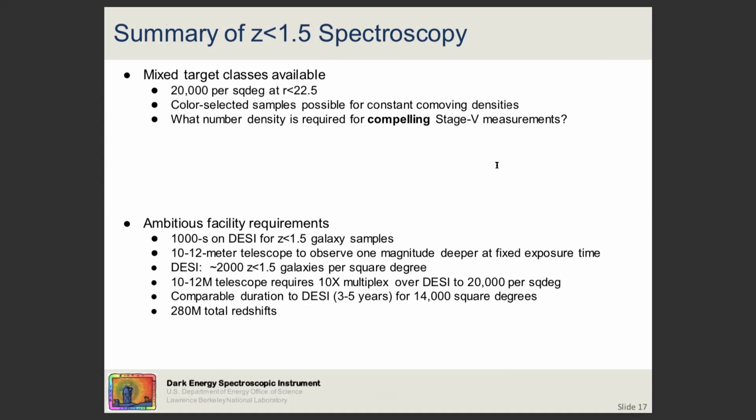how do you actually get there from an observational program? There's lots of target classes available. They span different tracers, different galaxy types, and so on. You can do color selected samples, but you can easily get into the 20,000 objects per square degree regime.